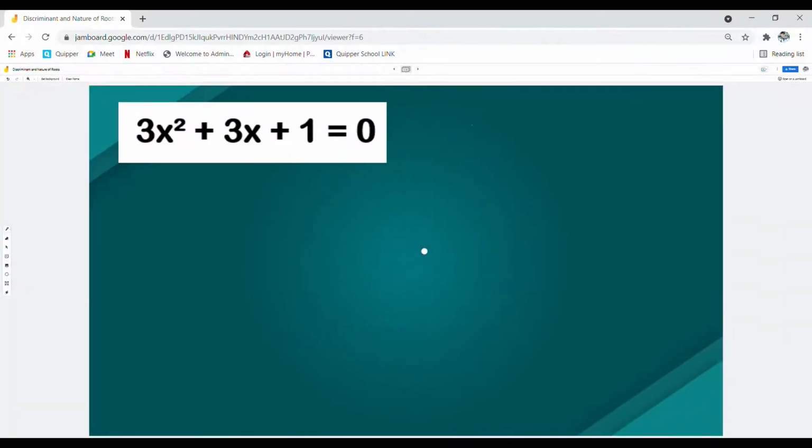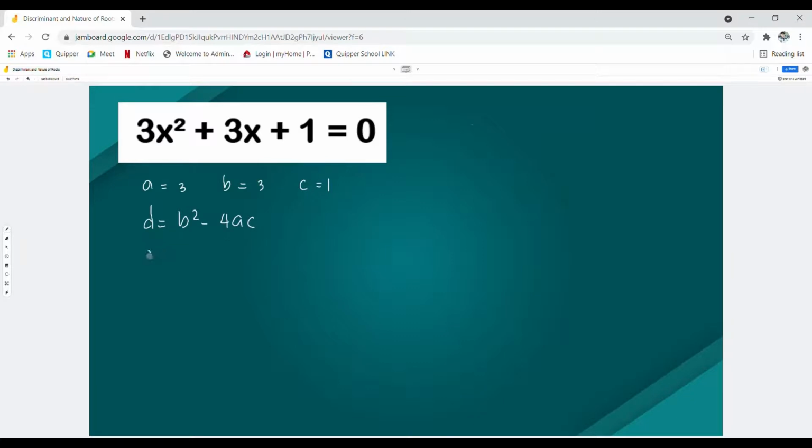Now let's come to the next example. 3x squared plus 3x plus 1 is equal to 0. So the same, you're going to have a is equal to 3, b is equal to 3 also, and your c is equal to 1. So discriminant is equal to b squared minus 4ac.